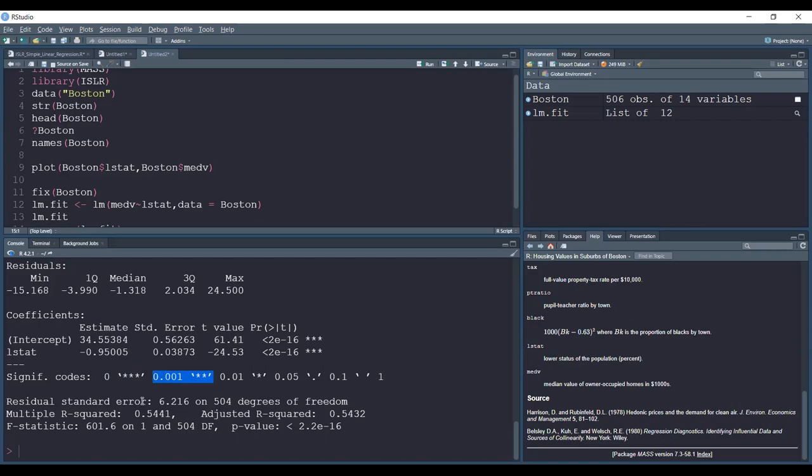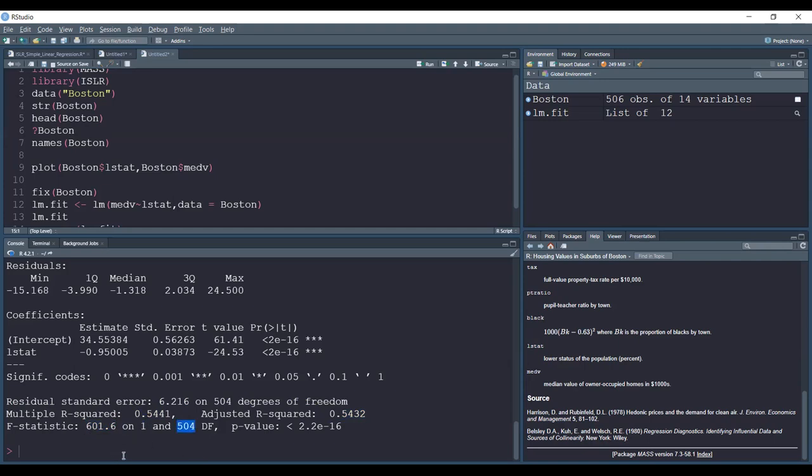Your residual standard error, 6.214. How is this calculated? It depends on these 504 degrees of freedom, n-2. You have your R squared, your adjusted R squared, which we've never discussed, and the F statistic, which we've been doing these past few sessions, with 2 degrees of freedom.